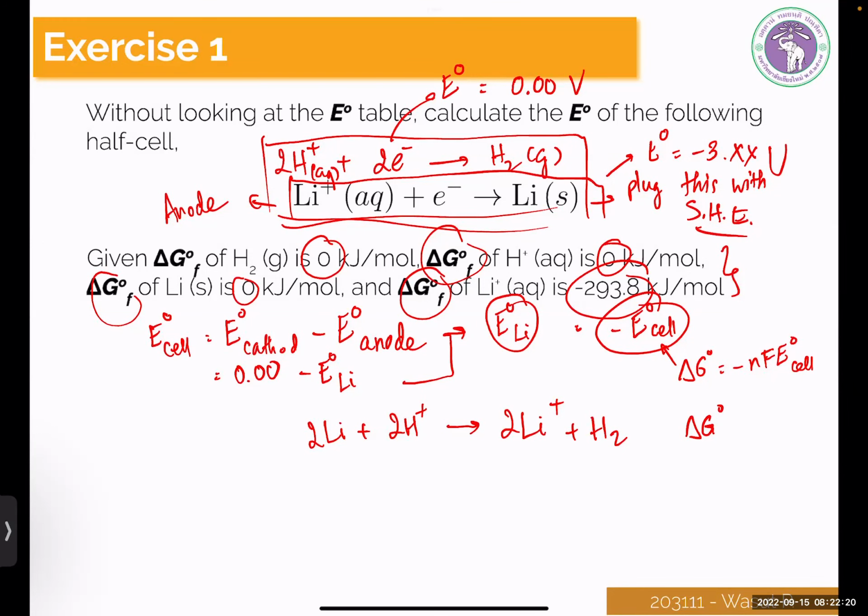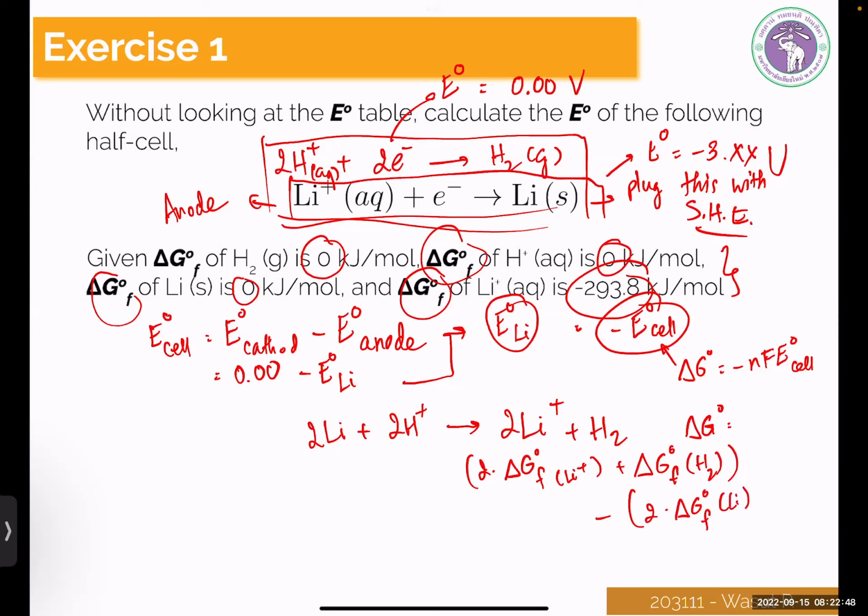Well, the delta G naught of this reaction will be 2 times delta G naught f of lithium plus plus delta G naught f of hydrogen, minus 2 times delta G naught f of lithium plus 2 times delta G naught f of proton, right?